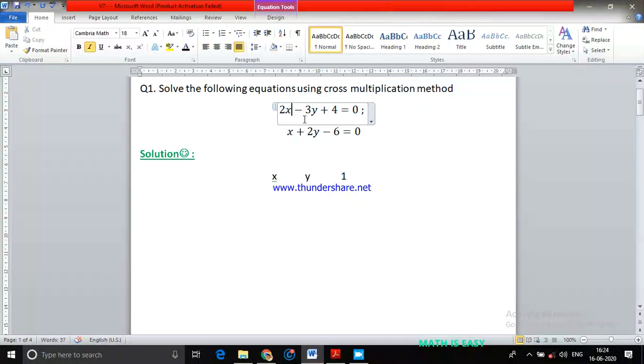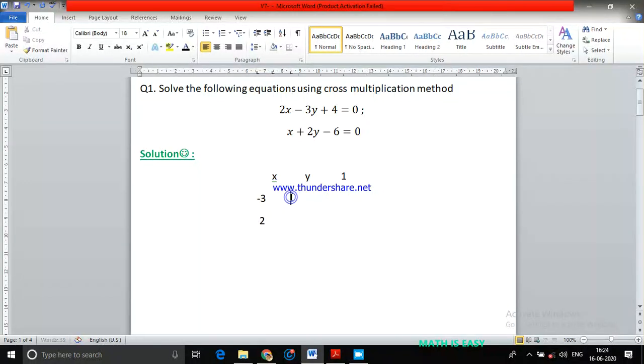So here the variables are x and y. I put here x, y, and in place of the constant I'll put 1. Here you have to write the numbers. First you start from the coefficients of y. The first coefficient is minus 3. Then in the second equation, the y coefficient is 2.